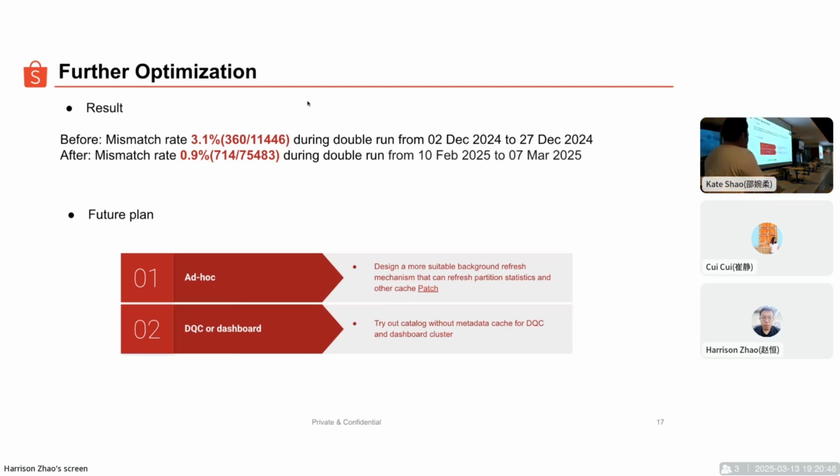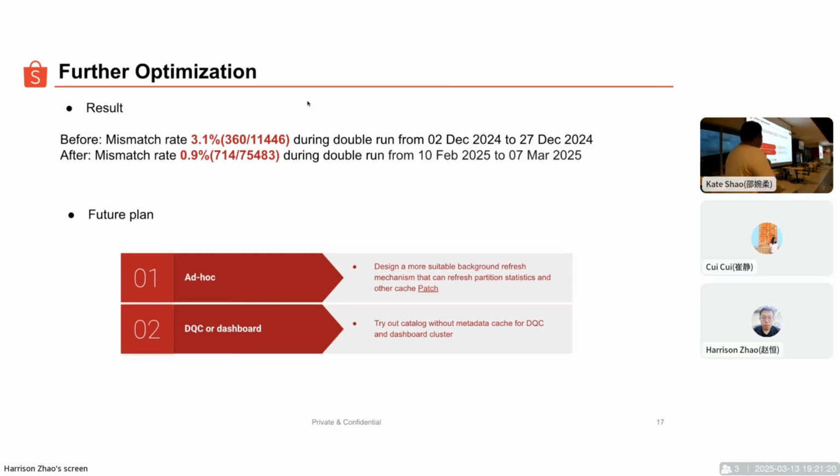And we also have some future plans for the Ad-Hoc cluster. As I mentioned before, the partition statistics will also be used by the CBO, but they will not reflect changes. So I can design a suitable background refresh mechanism for the partition statistics that may make our query performance much better.